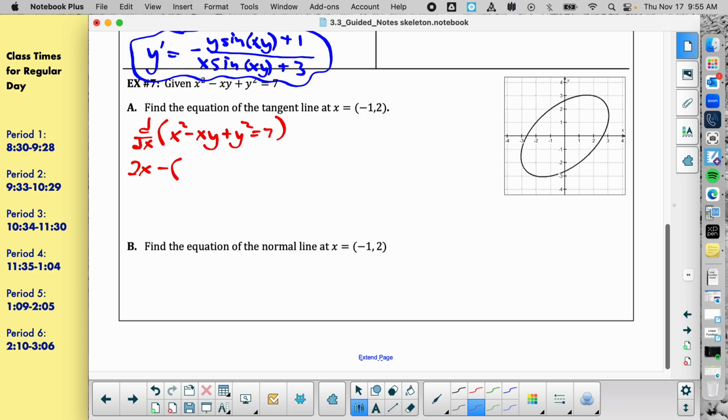Minus product rule. Product rule of xy, make sure you put the minus in front of parentheses. That's going to be an easy mistake to forget. What do we have? x y prime, plus y x prime, plus derivative of y squared, 2y y prime, equals 0.